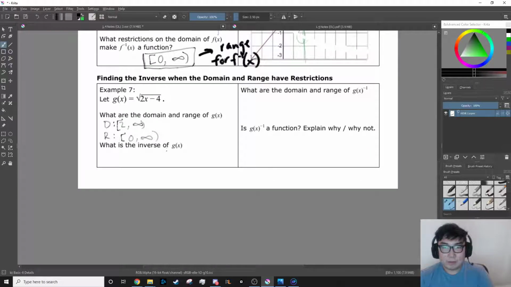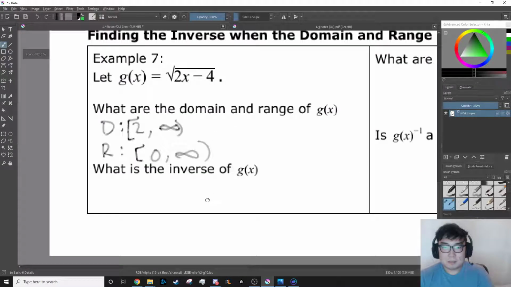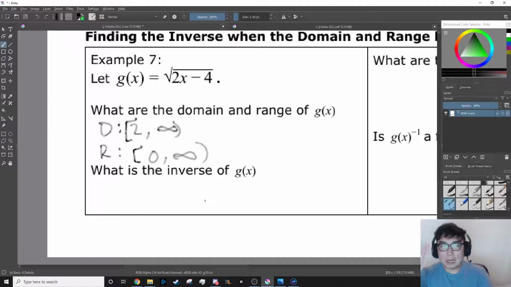So now it asks me for the inverse of g of x. We learned last class how to find the inverse of an equation. And to review, that is 1, switch x and y, and 2, solve for y.